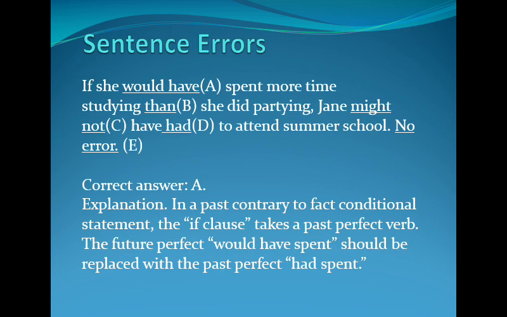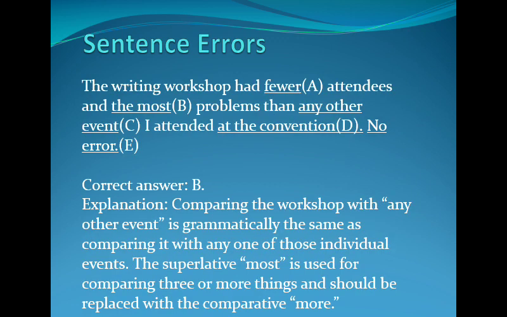You need to change it to had spent, which is the past perfect form. So you need to say if she had spent more time studying than she did partying, and the rest of the sentence. Okay, let's have a look at one last question.